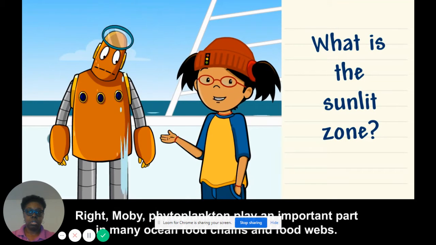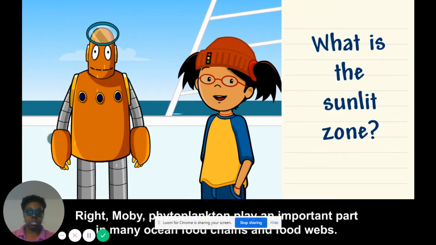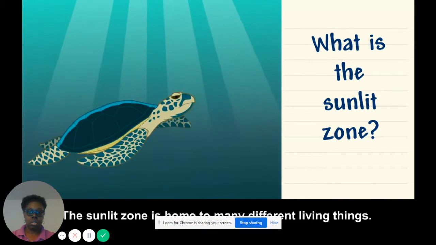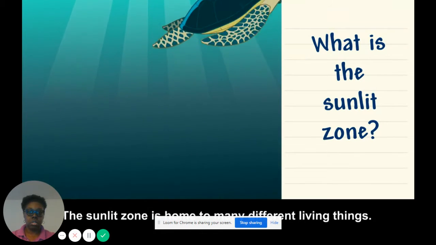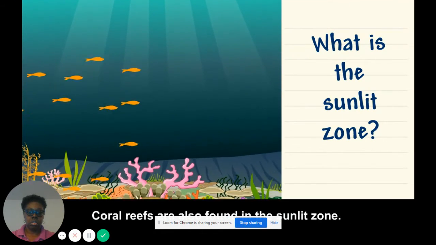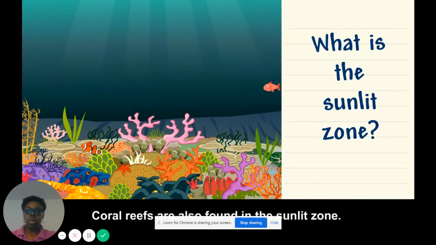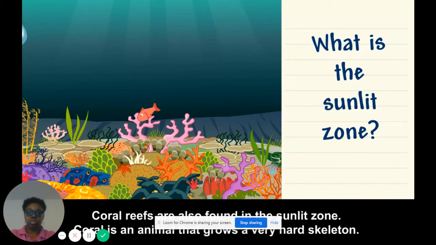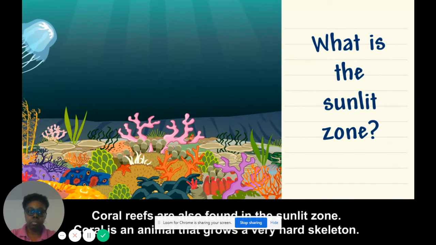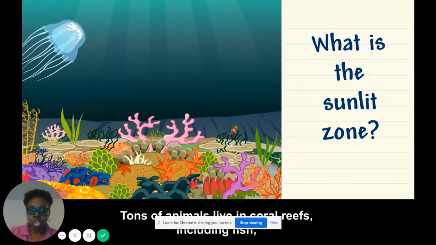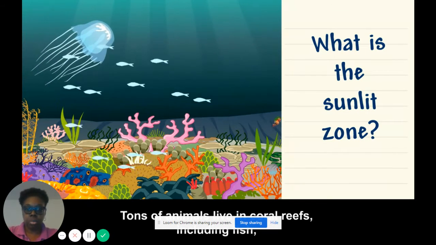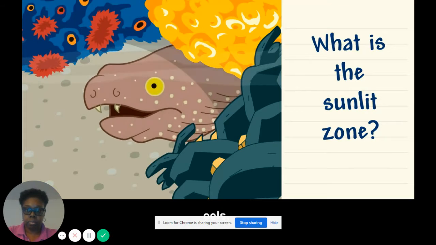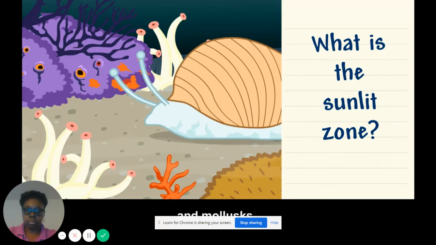Phytoplankton play an important part in many ocean food chains and food webs. The sunlit zone is home to many different living things. Coral reefs are also found in the sunlit zone. Coral is an animal that grows a very hard skeleton. Tons of animals live in coral reefs, including fish, eels, and mollusks.